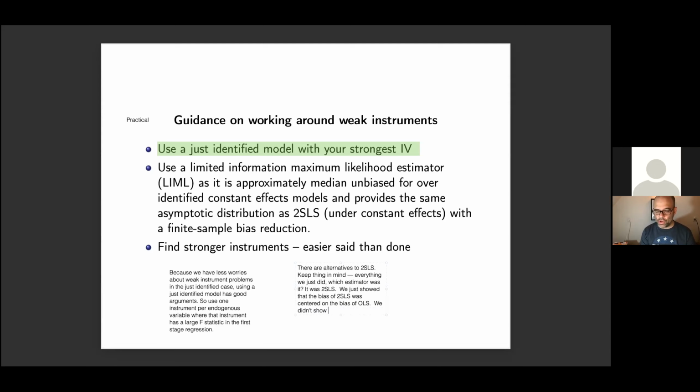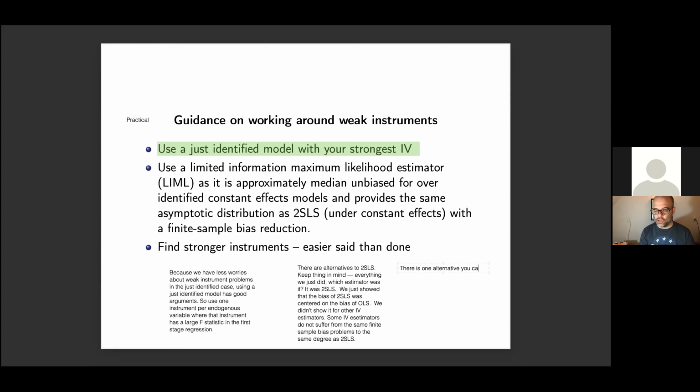We didn't show it for other IV estimators. Some IV estimators do not suffer from the same finite sample bias problems to the same degree as two-stage least squares.